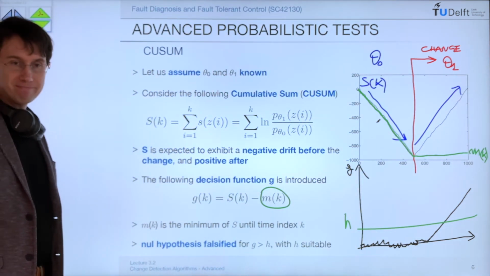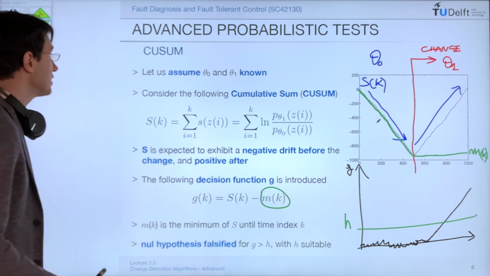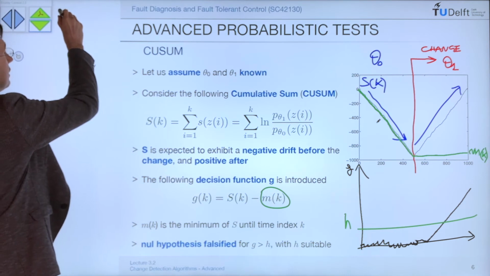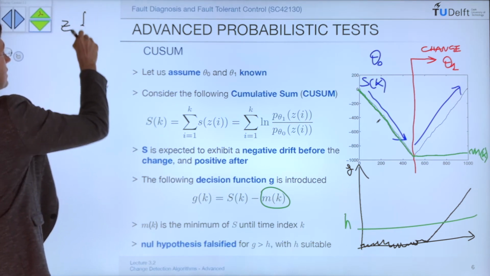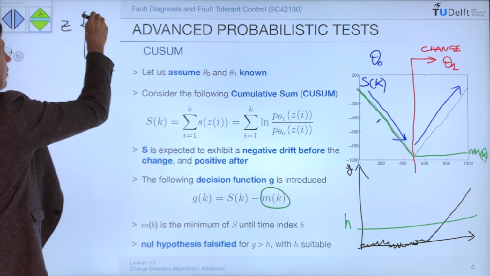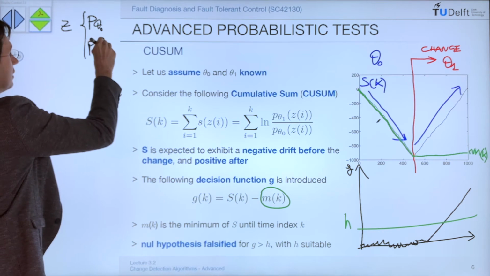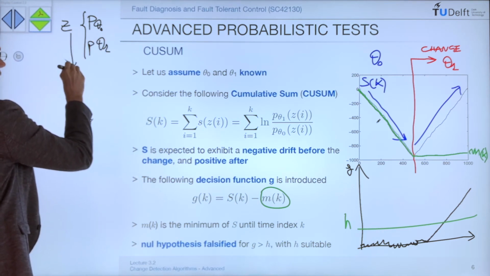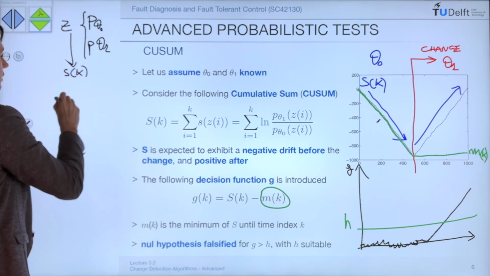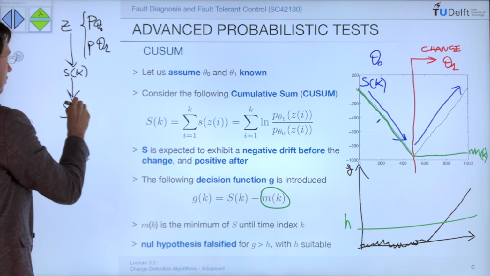So anyway, quite a long way. So we start from z, we need to know two things: the probability under theta 0, the probability under theta 1. We compute s, the log likelihood. We compute capital S, the cumulative sum.